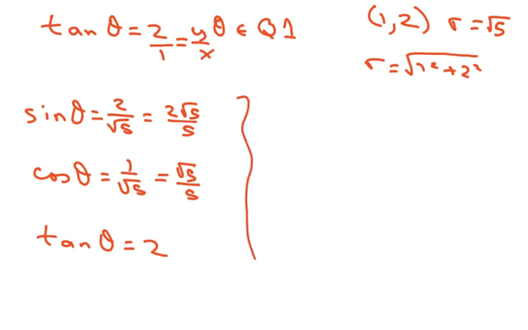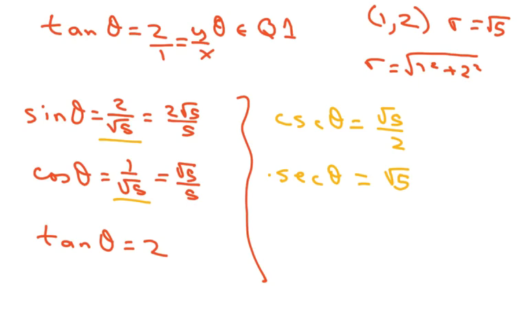And then just flip everything. Cosecant of theta equals square root of 5 over 2. Secant of theta is square root of 5 over 1. And cotangent of theta is 1/2.